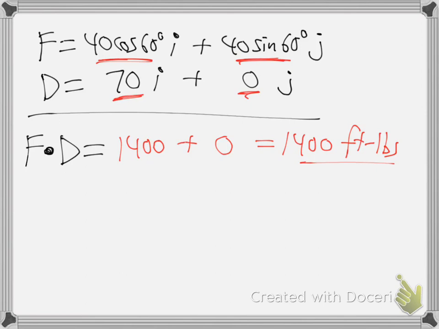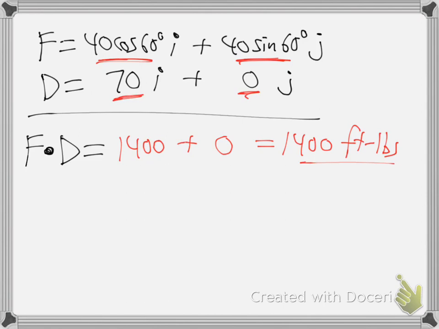The I times the I and the J times the J. 1400 foot-pounds of work. Questions on that one? Okay.